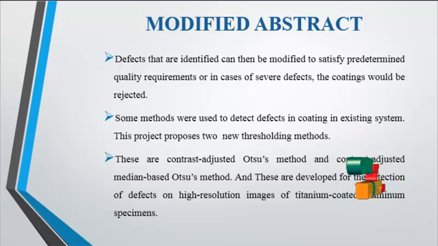These are developed for the detection of defects on high resolution images of titanium coated aluminum specimens. Experimental results have shown that the proposed contrast adjustment method has performance similar to minimum error thresholding, that is MET, and is generally better than the Otsu method.